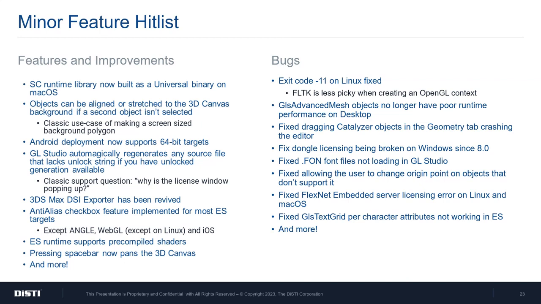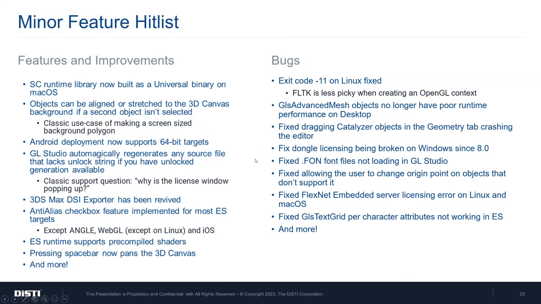This exporter streamlines the process of exporting 3ds Max content into a format that can then be easily imported into GeoStudio. So bringing 3D models into GeoStudio will be easier than ever. Another great improvement is that the AntiAlias checkbox feature has been implemented for most ES runtimes, although there are a few targets where it is still not available, such as iOS.